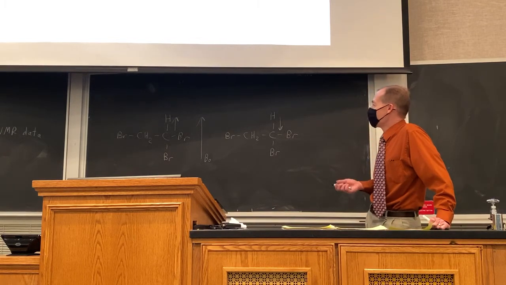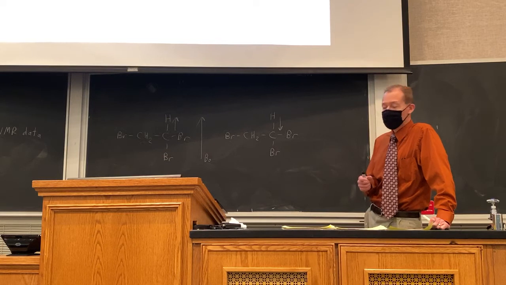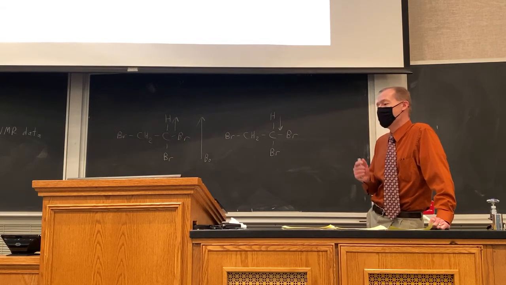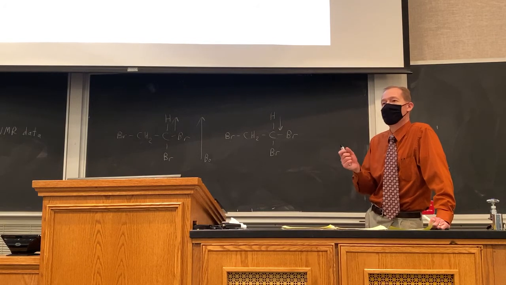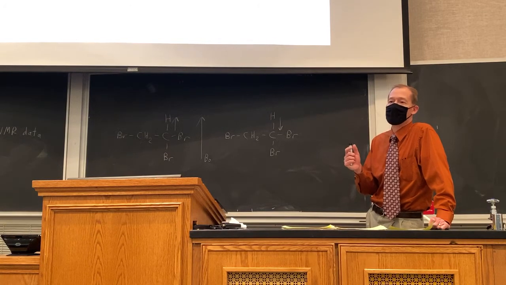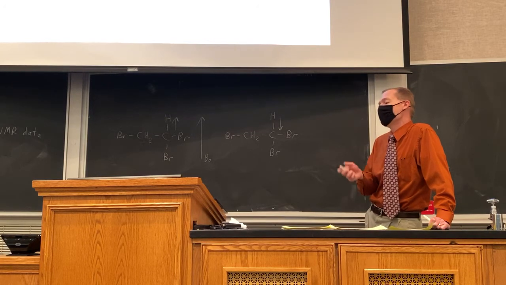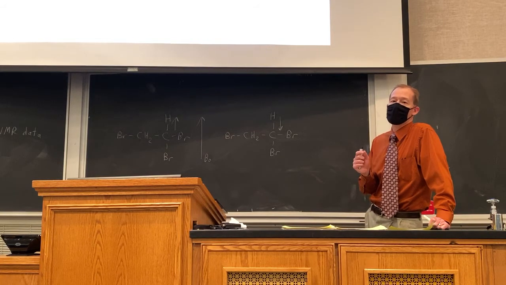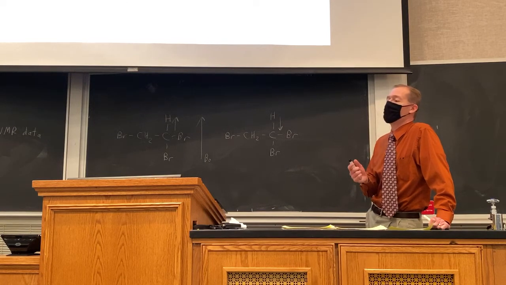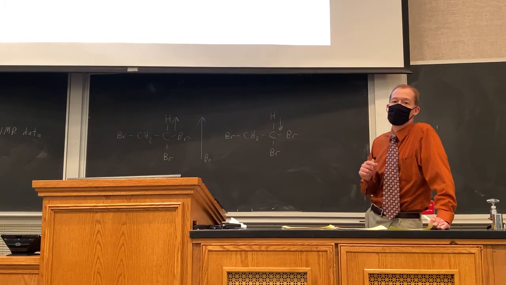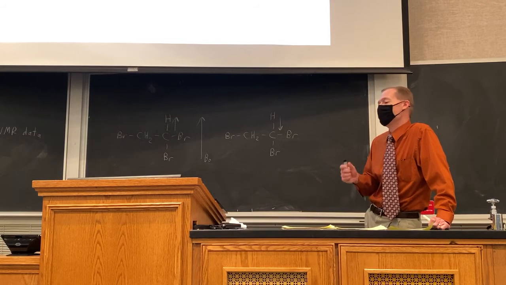So what we find in proton NMR is that neighboring protons that are not equivalent to the protons in question will cause splitting of the signals. And when we say neighboring, we mean protons that are on adjacent carbons, or non-equivalent protons that are on the same carbon as that hydrogen.